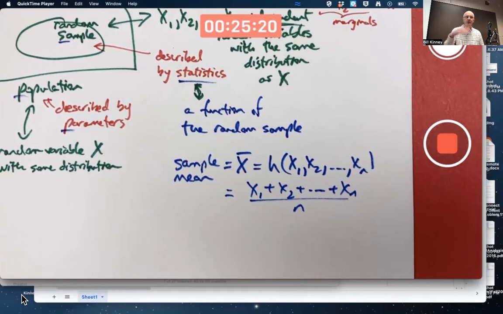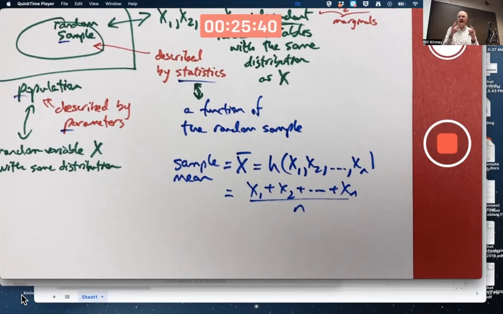For example, with the uniform distribution, if x and y had a uniform distribution on 0, 1, then x plus y had a uniform distribution on 0, 2, and its PDF had a graph that was a triangle instead of a horizontal line. Remember that? And with an exponential, we added 2 exponential random variables that had a mean of 1, and we got a gamma distribution with alpha equal to 2.